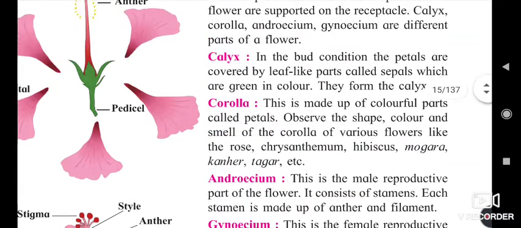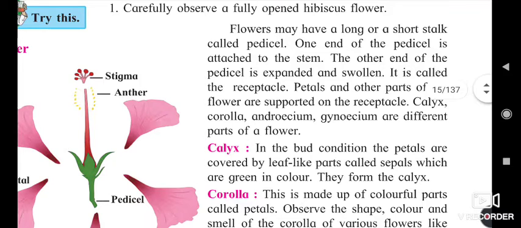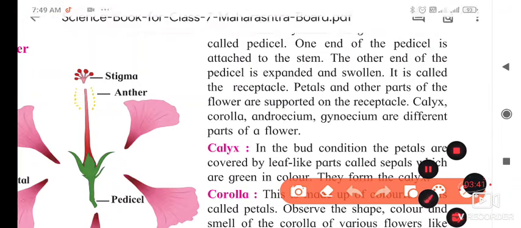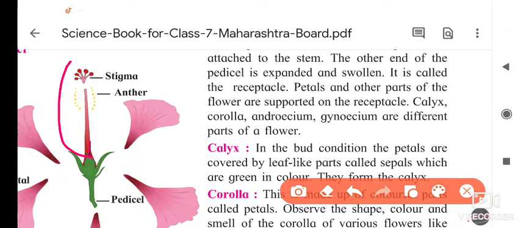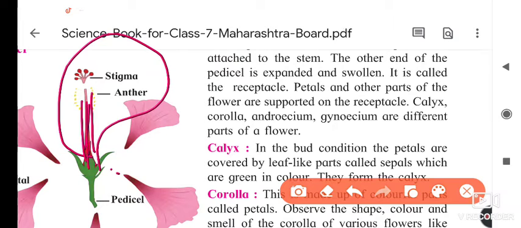This is the androecium, on which there is the anther.